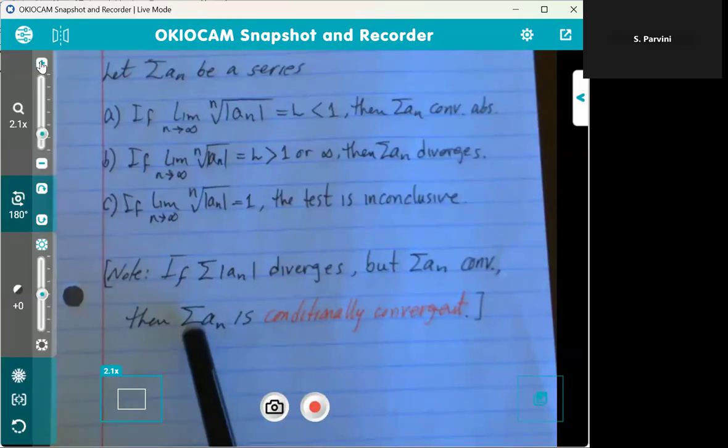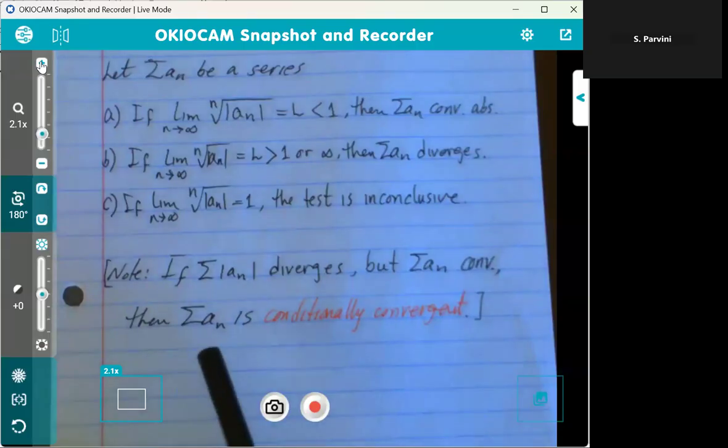So the alternating harmonic series is conditionally convergent.